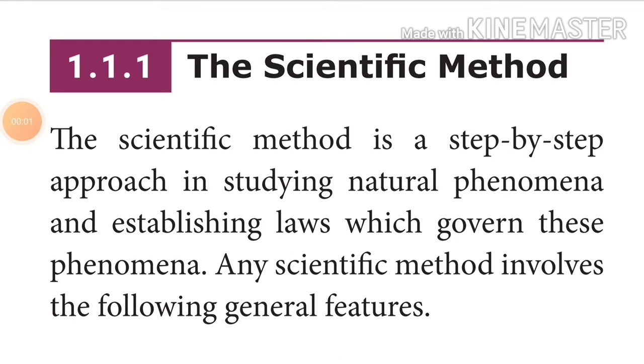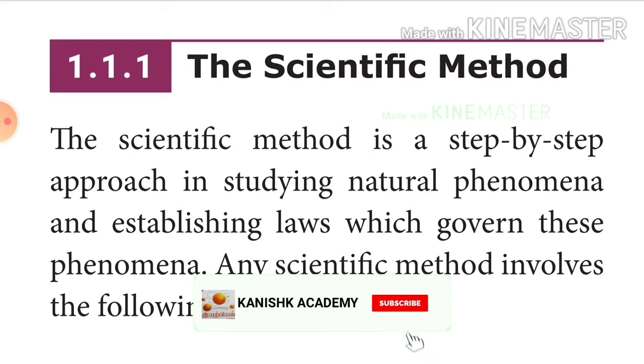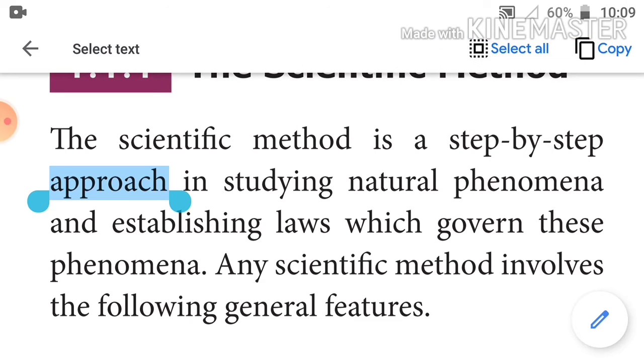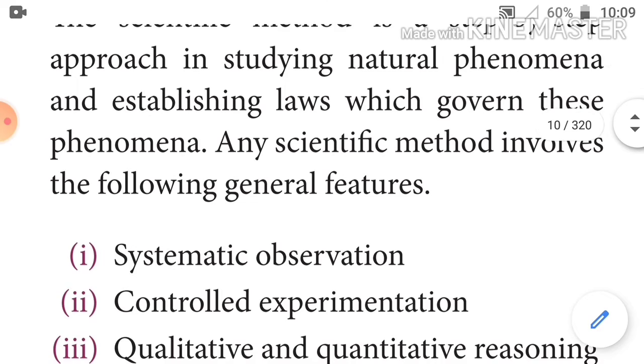Let's see the next topic, the scientific method. The scientific method is a step-by-step approach in studying natural phenomena and establishing laws which govern these phenomena. Any scientific method involves the following general features. Let's see one by one.